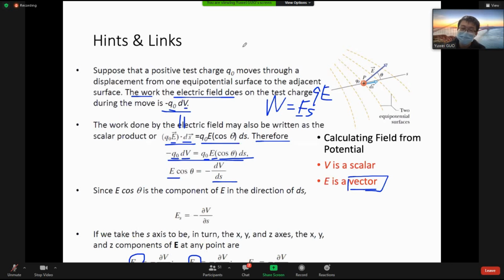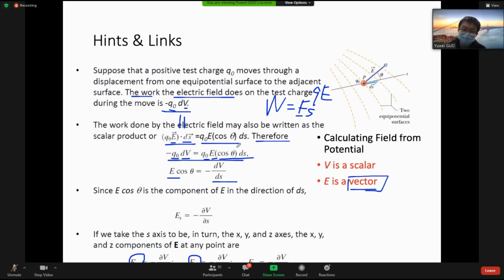So it's the slope of the graph in the electrical potential, because it can be expressed as the differential of the electrical potential.